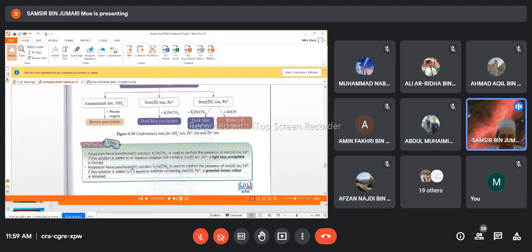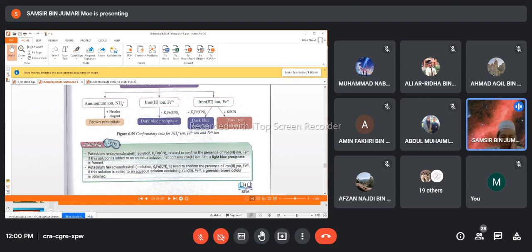Potassium hexacyanoferrate 3 solution is used to confirm the presence of iron 2 ion. If this solution is added to an aqueous solution containing iron 3 ion, a greenish brown color is obtained, or is formed in the test tube.